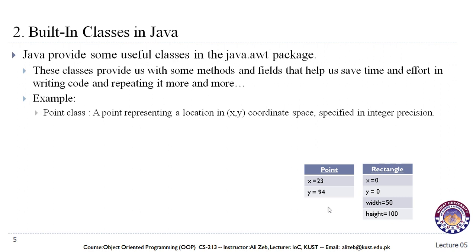So if you are looking at the XY space, if you look at the screen as an XY plane, then we can say that if you are pointing to a particular position on this plane, this position can be represented by an X and a Y. X would be the distance from the side of this screen, and Y would be the distance from the top or the bottom of the screen.